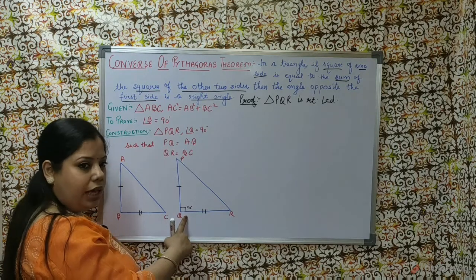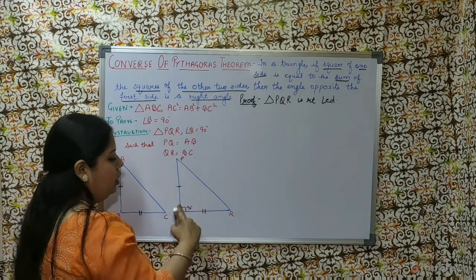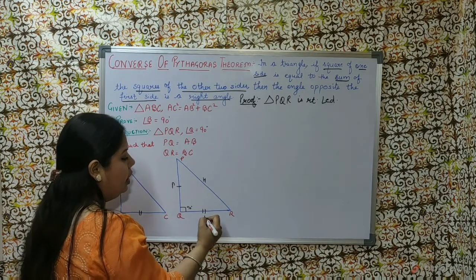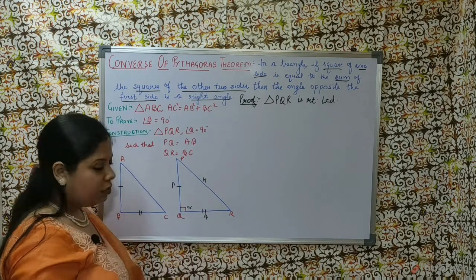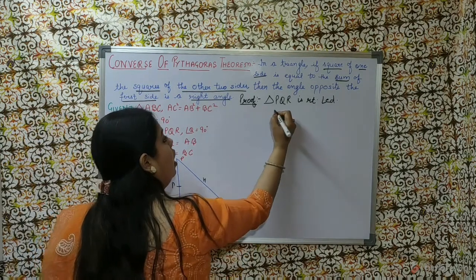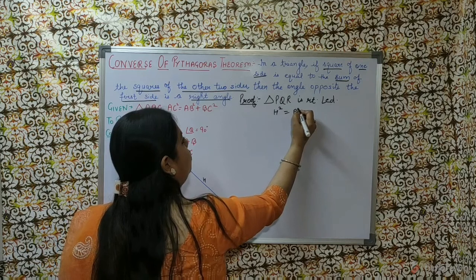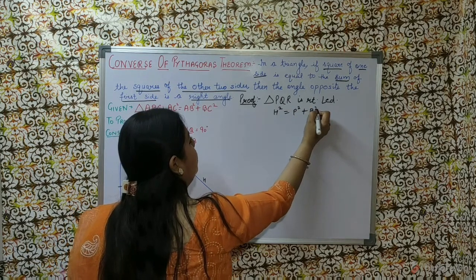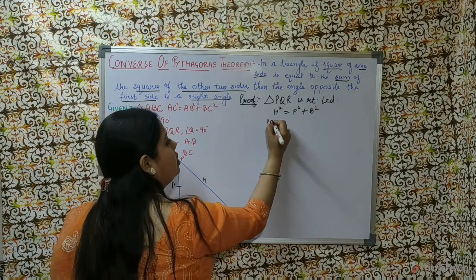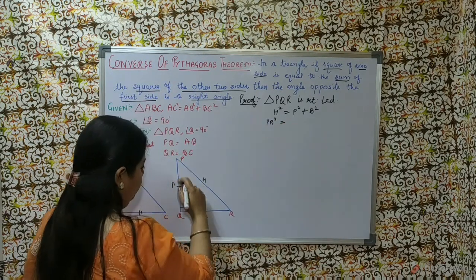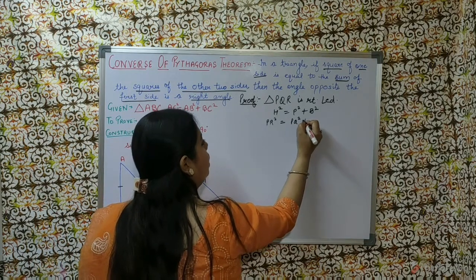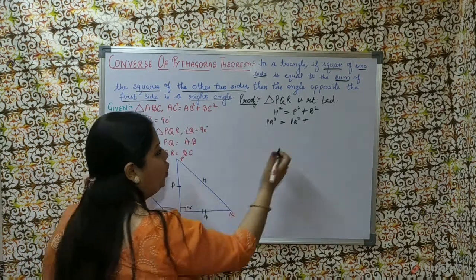Because angle Q is 90 degree, the side opposite to it is the hypotenuse, this is perpendicular and this is base. So in triangle PQR, hypotenuse square is equal to perpendicular square plus base square. Now the hypotenuse is PR, so PR square is equal to PQ square plus QR square.